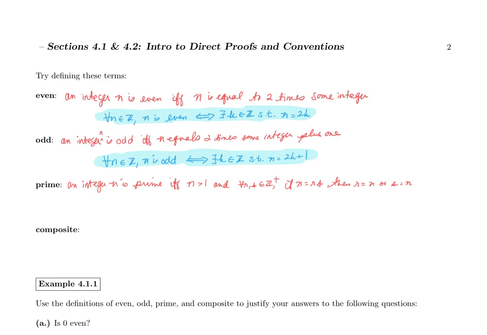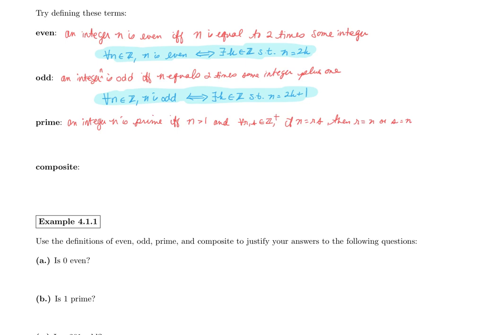We would just say that for all n in Z, n is prime if and only if n is greater than 1, and for all r and s in the set of positive integers, if n equals rs, then r equals n and s equals 1, or s equals n and r equals 1. So another formal definition of prime.